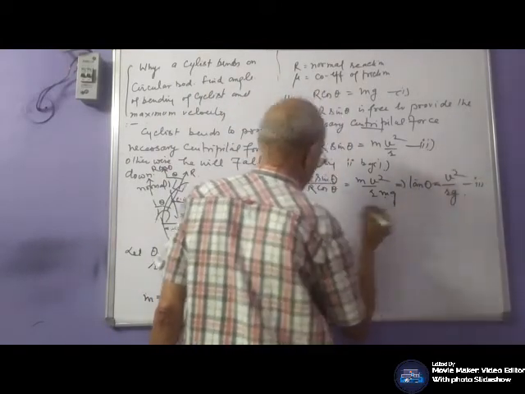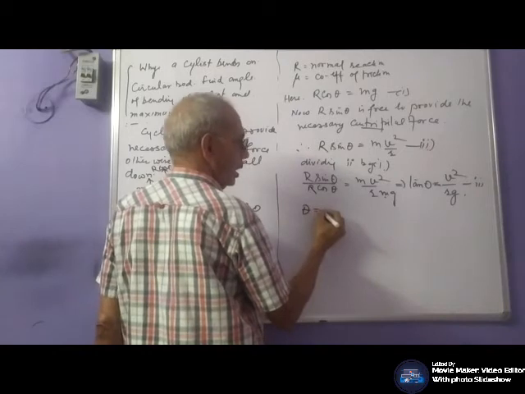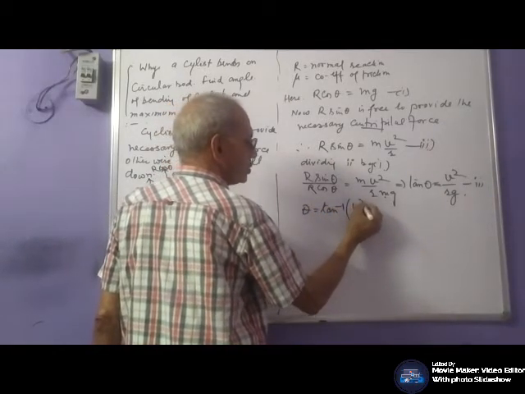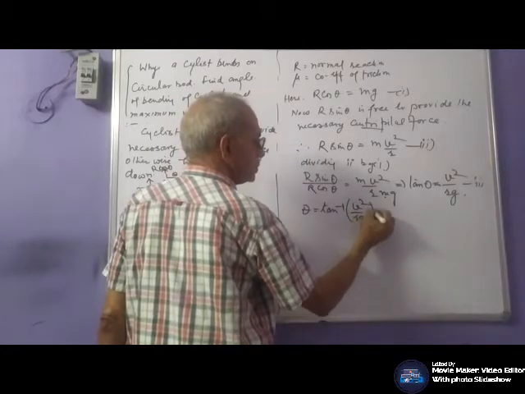Or theta is tan inverse of v square by rg.